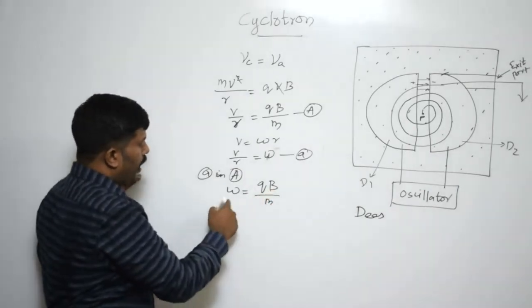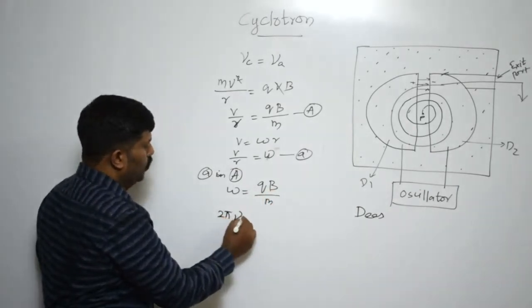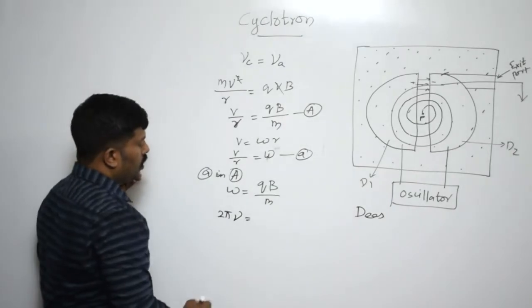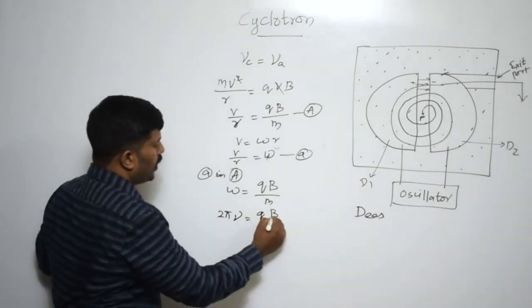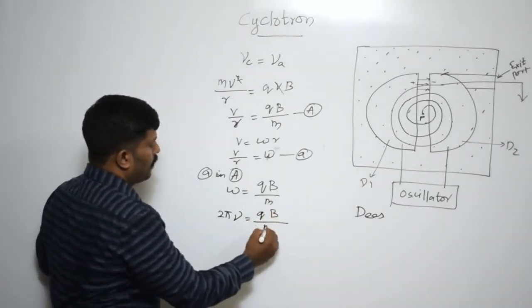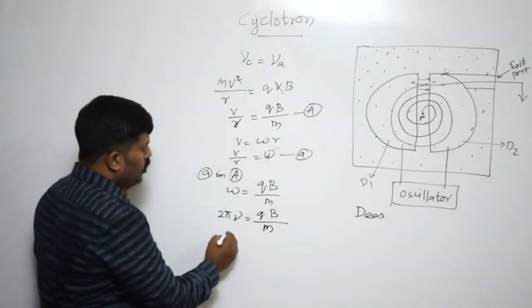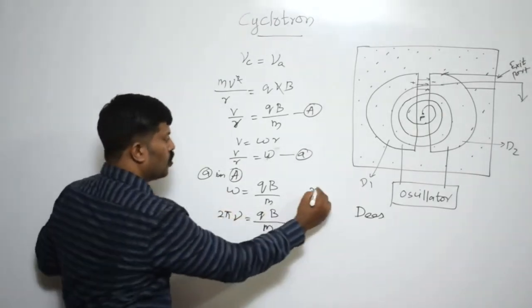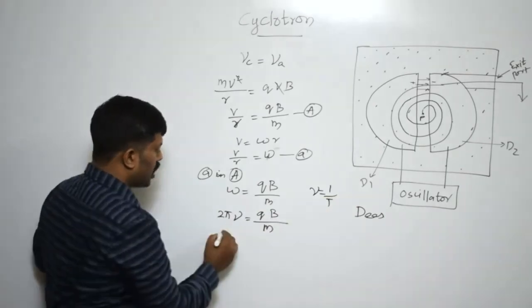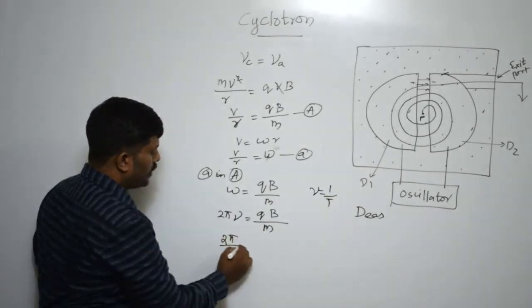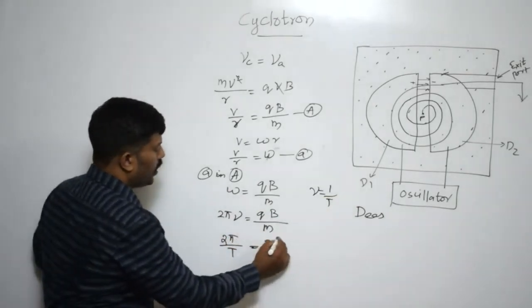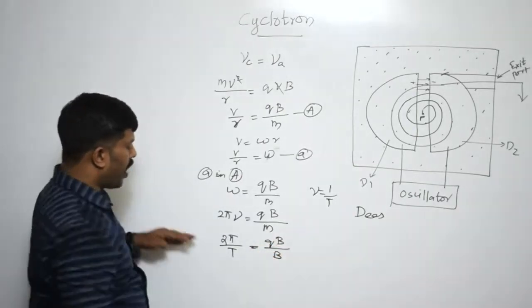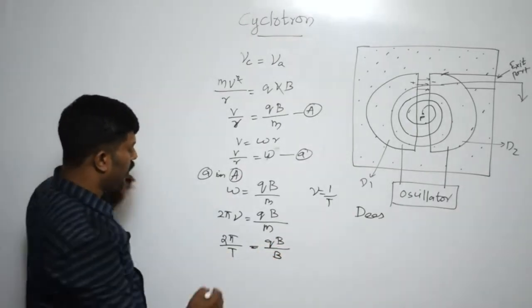So what is omega? Omega is 2 pi nu. That is equal to QB divided by M. So what is nu? Nu is 1 by T. When you substitute it here, 2 pi by T is equal to QB by M. From this you can find out the time period. So what will be the time period?